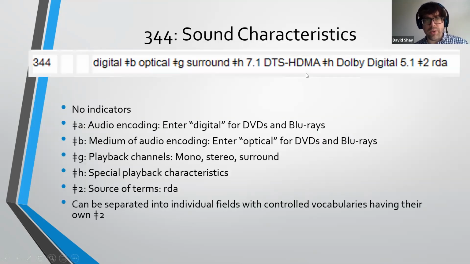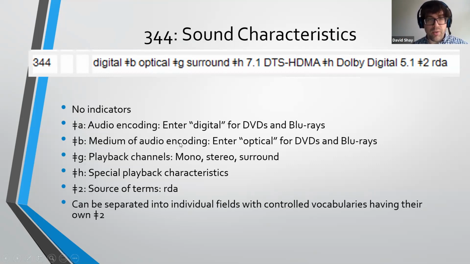All right, sound characteristics. So this is kind of a mix of RDA approved language and what kind of language is on the object. So we have no indicators, and this is again sound characteristics. So if people want to be able to see what kind of sound options you have on here. In our subfield A, we have our audio encoding. This is digital for Blu-rays and DVDs.